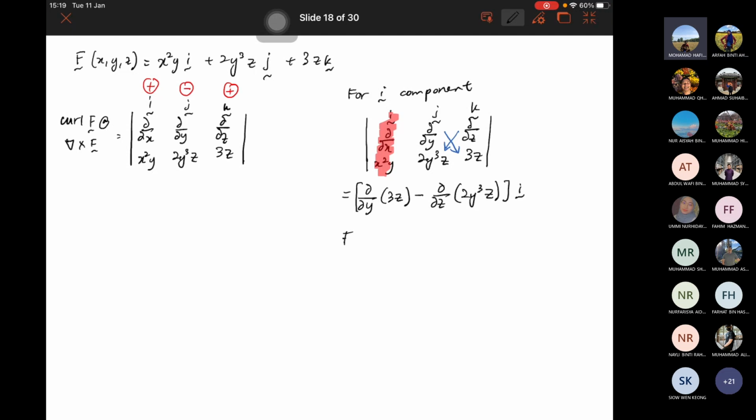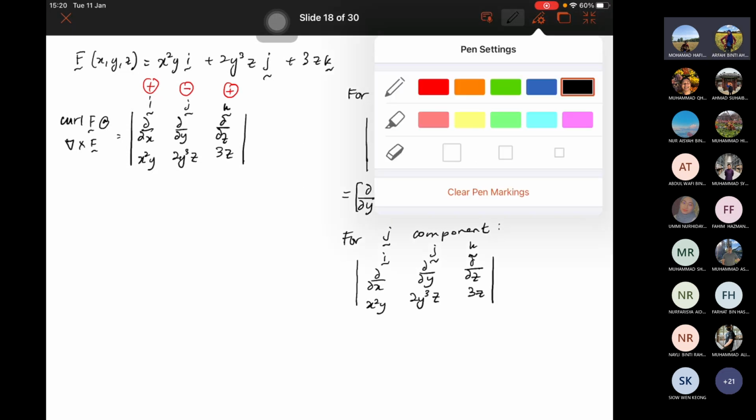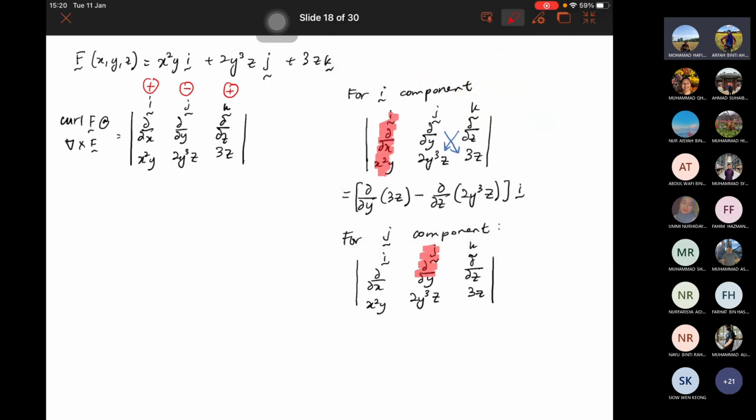And then for j component, you are going to tutup the lubang for j. Okay. So tutup lubang untuk j.